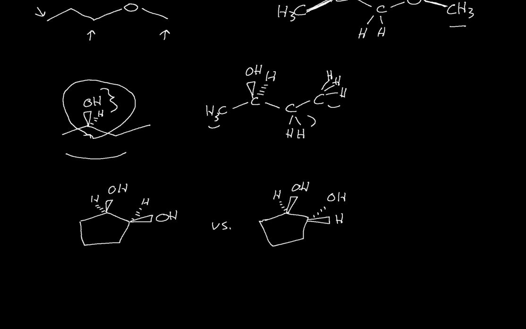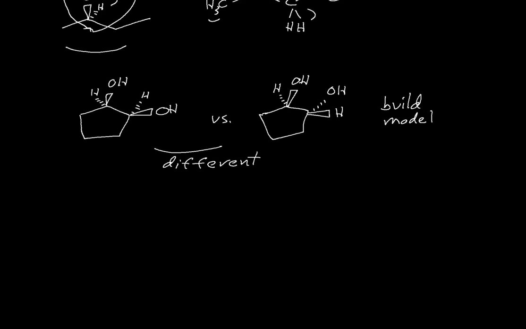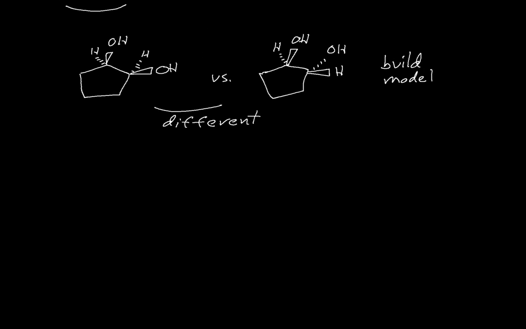I want you to build a model of this if you have your model sets. Hope they're required, actually. And convince yourself that these are different. This could be a difference that's very important in the reactivity of the molecule. I'll leave that one as is for you to consider.